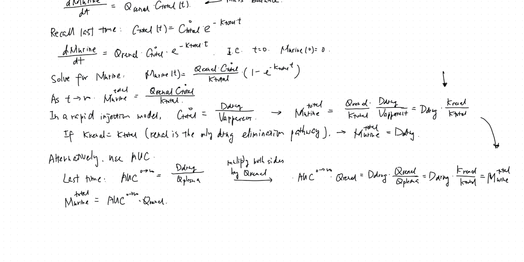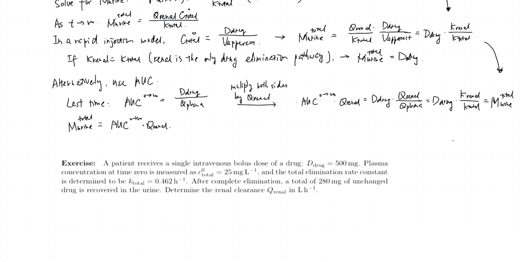Okay, now let's look at the homework problem. In this homework problem, a patient received a rapid injection. If it tells you a single intravenous bolus dose of drug, this means a rapid injection.